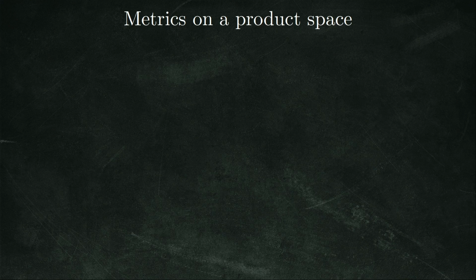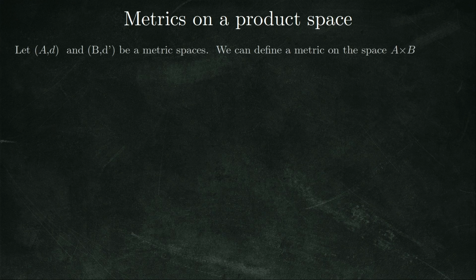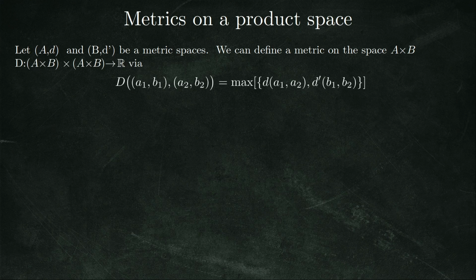We're now going to look at metrics on a product space. So if (A, D) and (B, D prime) are both metric spaces, we can define a new metric on the product space A cross B, which we're going to call capital D. So capital D takes 2 elements.